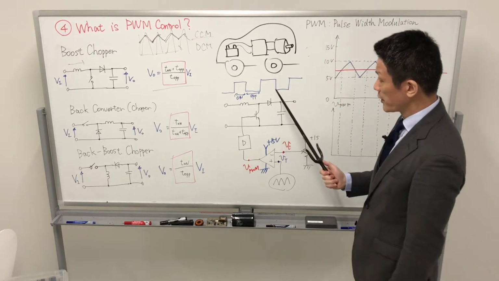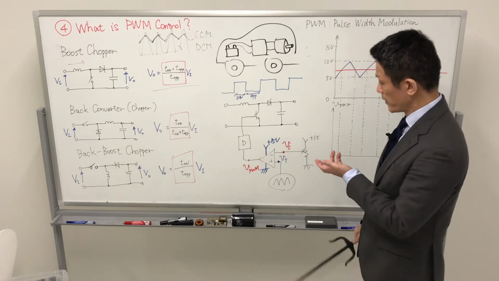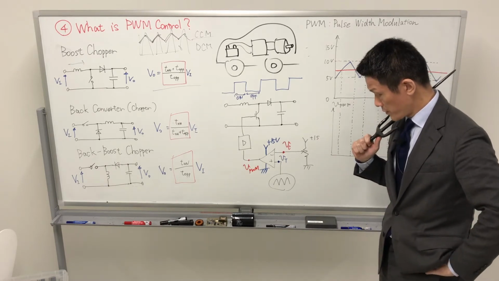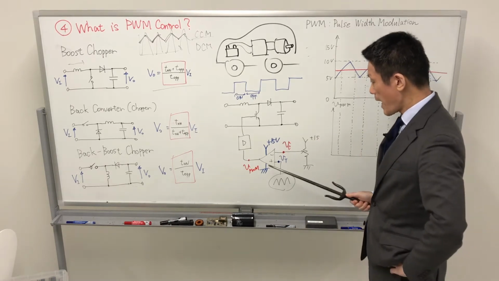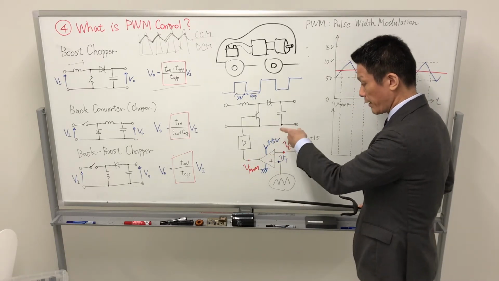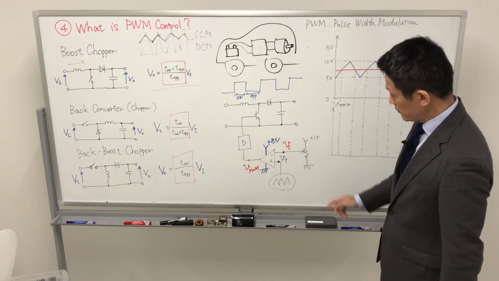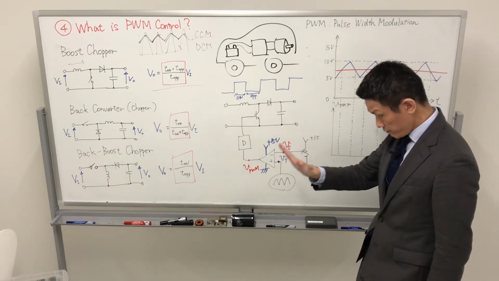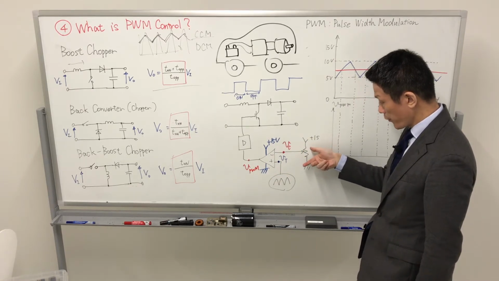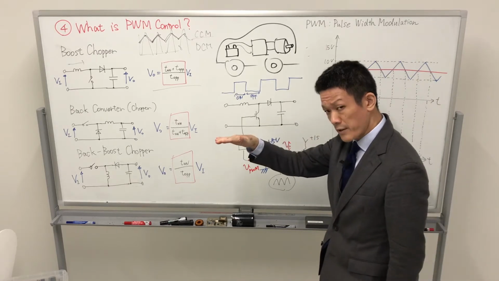How do we generate this signal? We can use a comparator. Do you know the comparator? A comparator outputs a voltage depending on whether the input is upper or lower. However, the acceleration voltage is almost like a constant voltage.